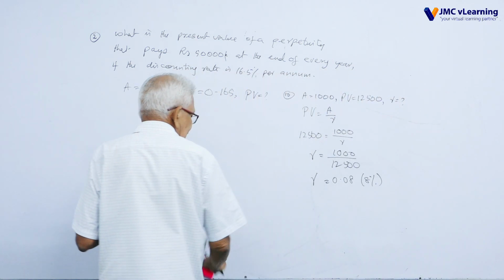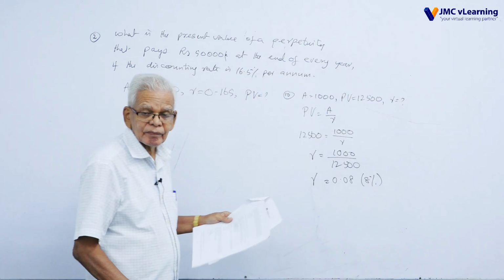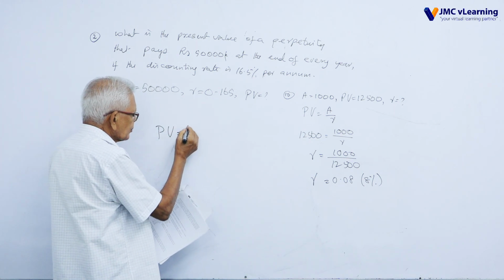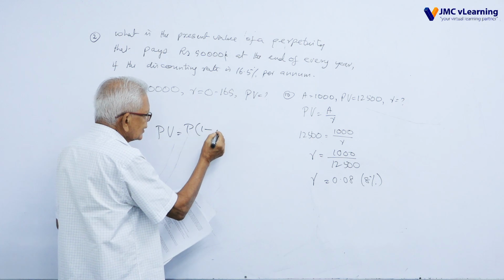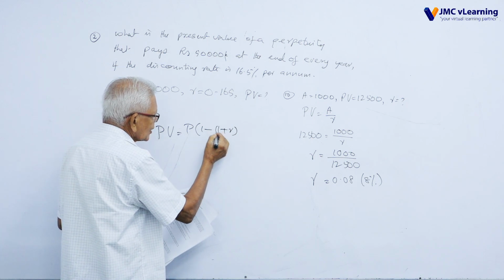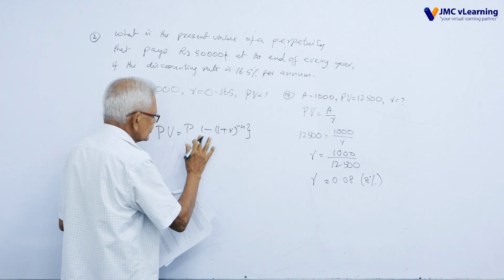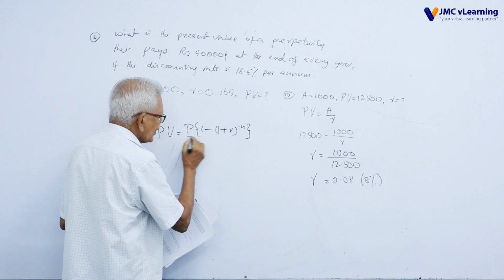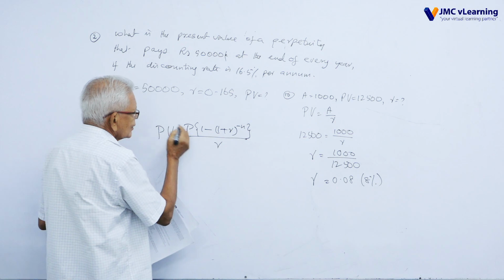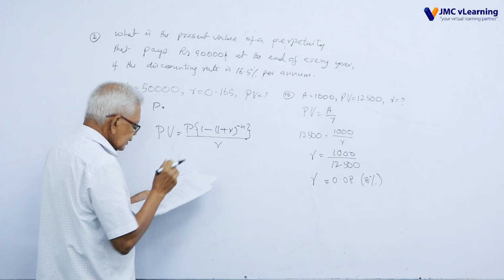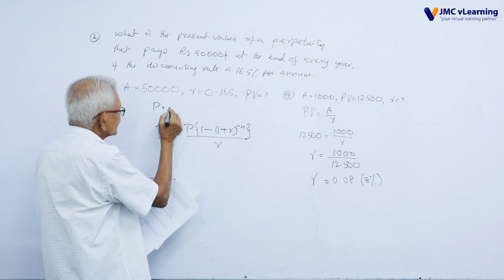How do you find the present value of an annuity? We did this last. PV equals P times 1 minus 1 plus R to the power minus N, over R. P here is 1000 received.